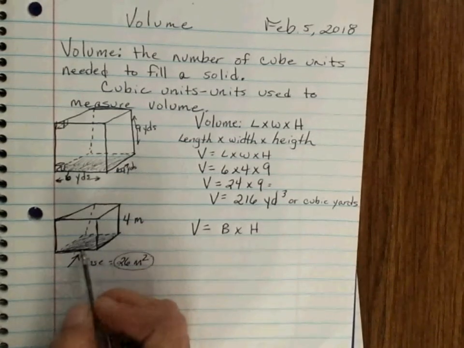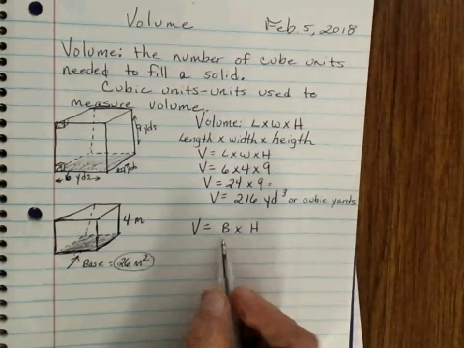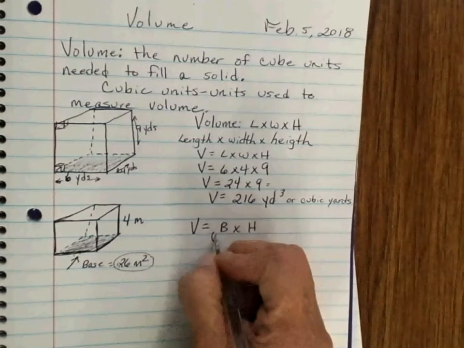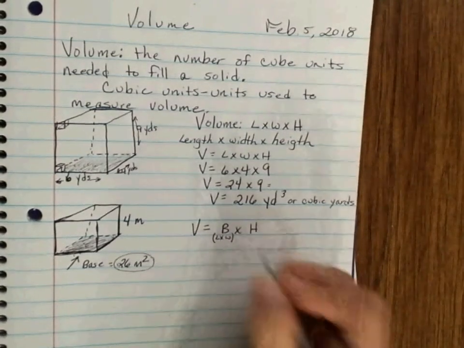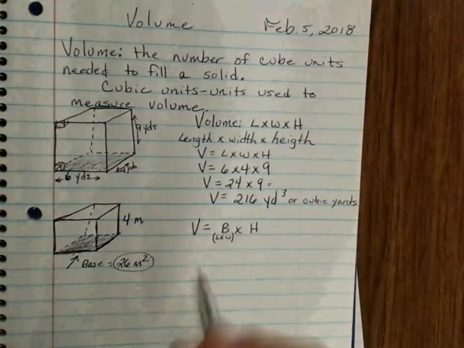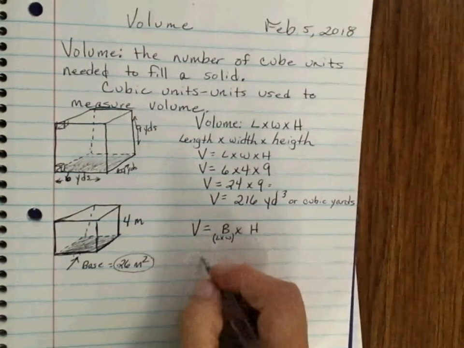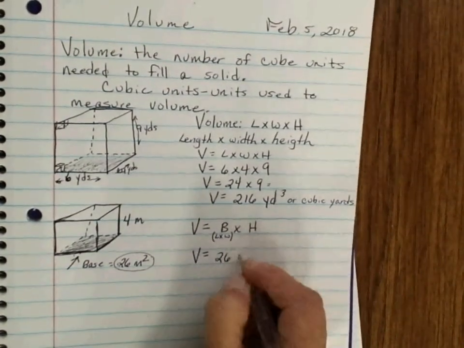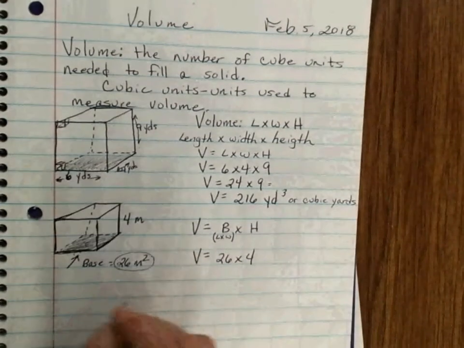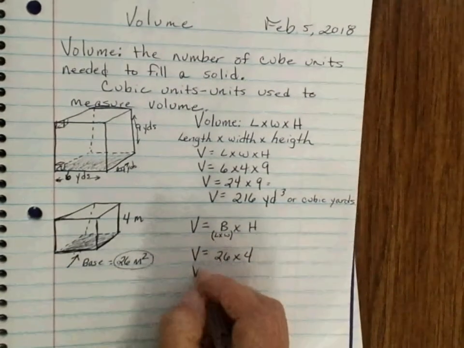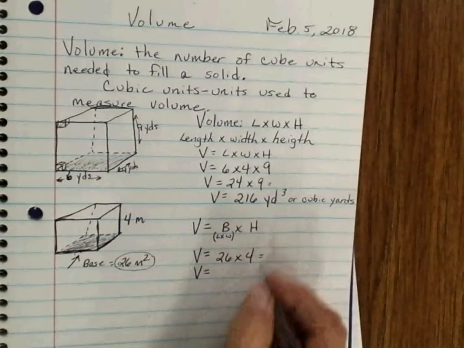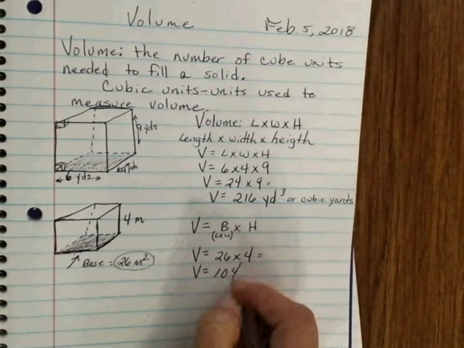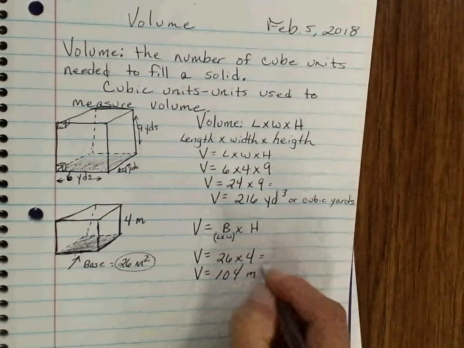The base is actually already the length times the width. So now all I have to do is plug in my base. Volume equals 26 times 4. So therefore my volume is 104 cubic meters.